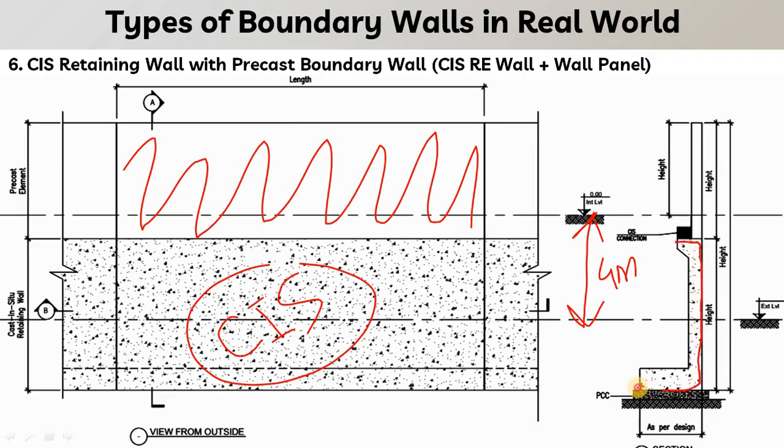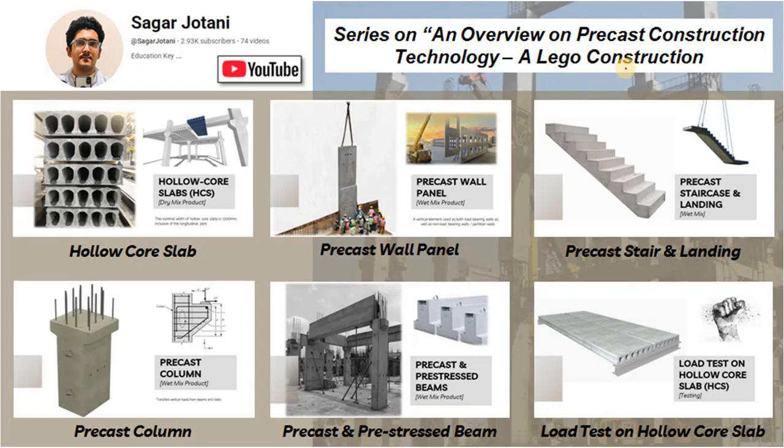This is the cast in situ retaining wall that will be cast on site, and then this precast wall has been rested on the retaining wall, and then the stitch connection has been done. So this is one of the situations where cast in situ retaining wall with precast boundary wall panel can be used. So this was all about the precast construction technology for the precast boundary wall.